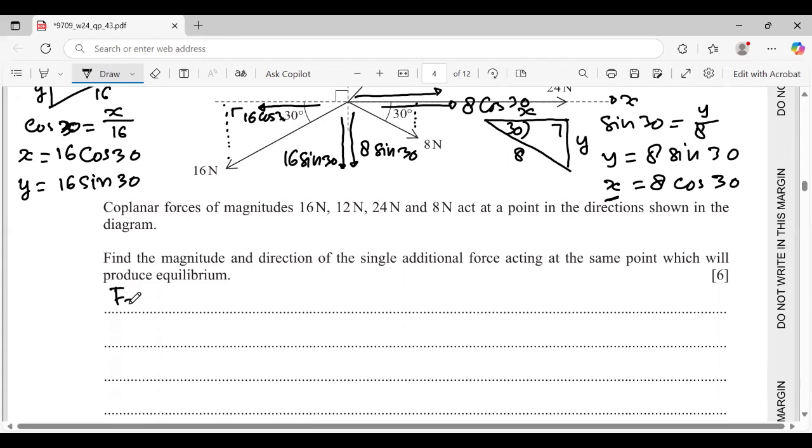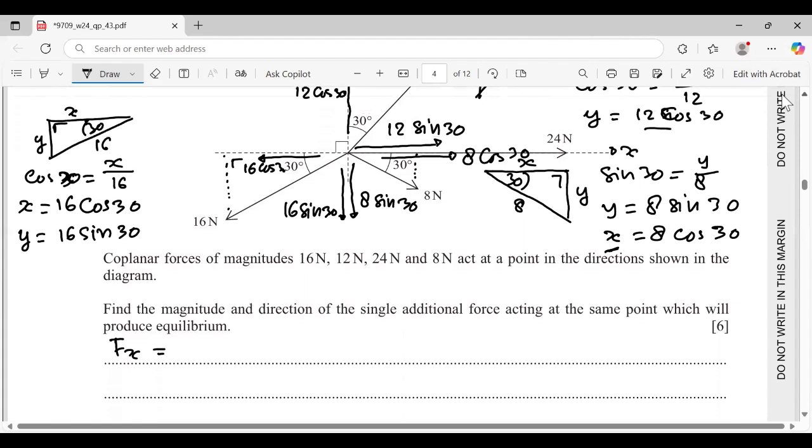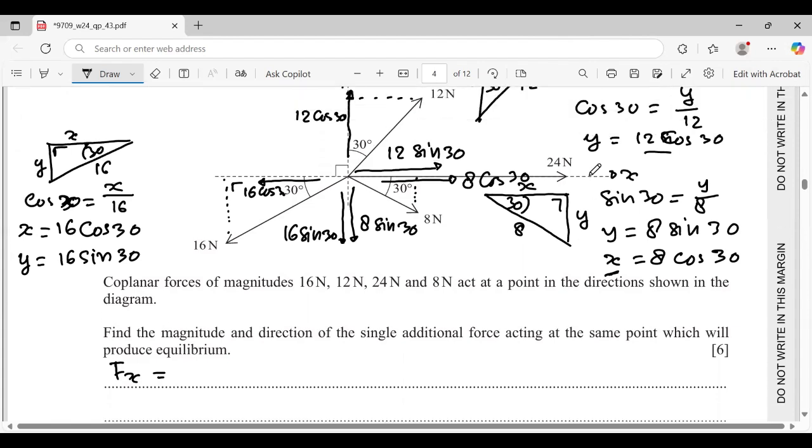On the x-axis, Fx, if you look at this diagram, there is 24 newtons here. And after that, plus 8 cosine 30, and as well 12 sine 30.